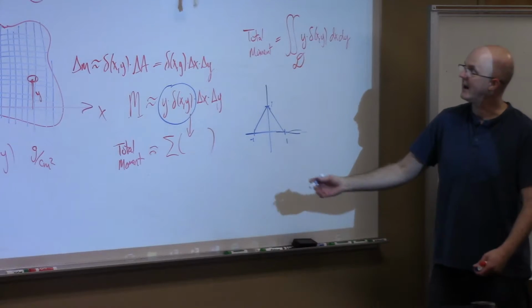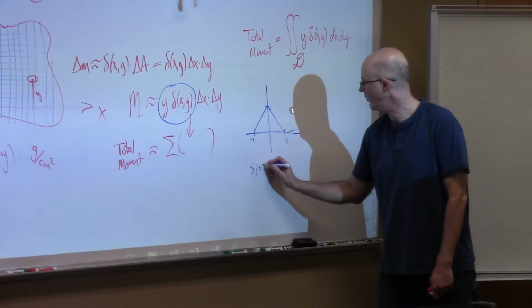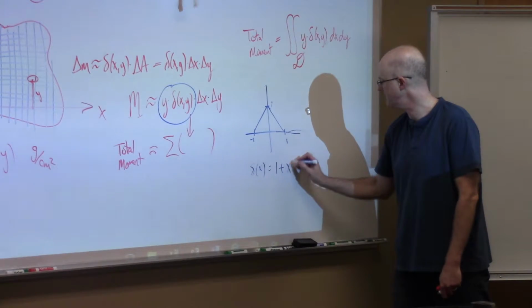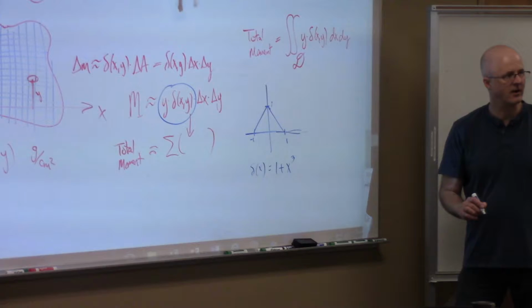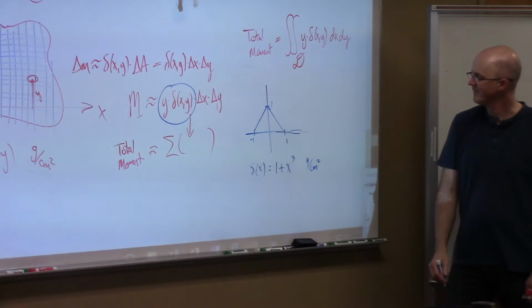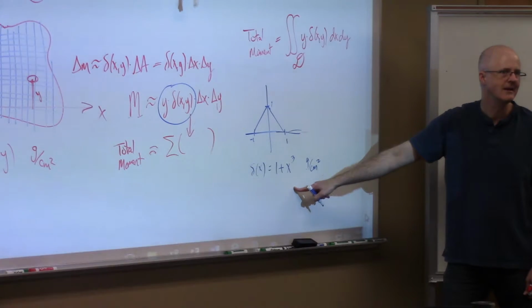That's our lamina, our thin sheet of metal. And our delta function was actually just a function of x. It was 1 plus x cubed. Do you remember that? That was our function. Grams per square centimeter. Now that function doesn't depend on y.